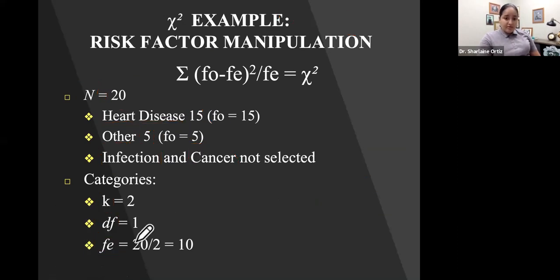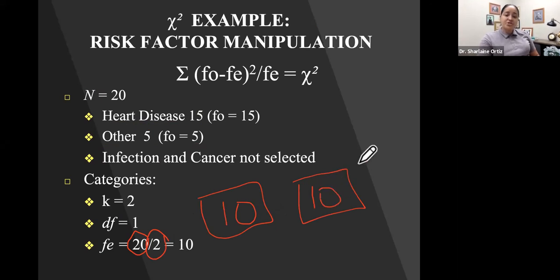Notice that we had 20 people divided by 2 categories, so 50% puts 10 people in one box and the other 10 in the other box. This is what I should expect: a frequency of about 10 in the heart disease category and about 10 in my other category.